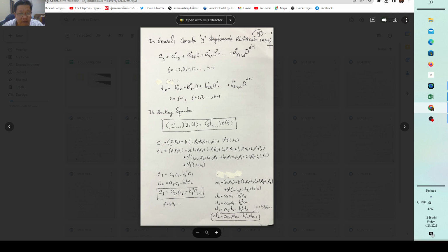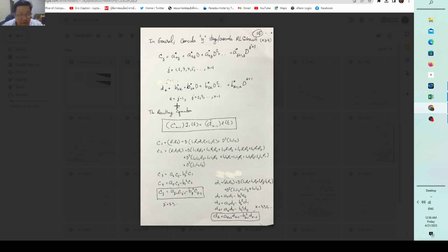You can see that C sub j is equal to a star sub 0j plus a star sub 1j times d, plus a star sub 2j times d squared, and so on up to a star sub j plus 1, j times d to the j plus 1, with j equal 1 up to n minus 1, and d sub k is just like this.